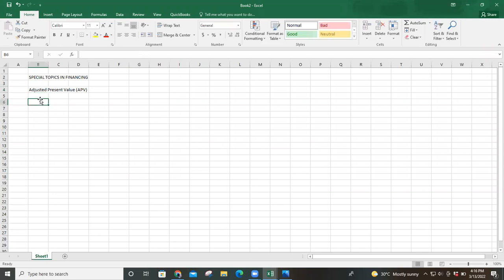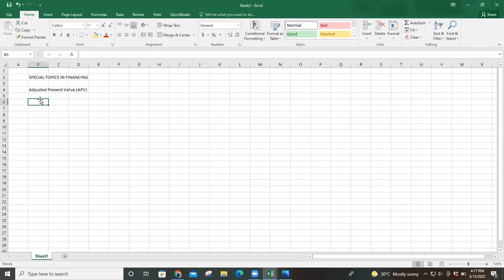Now, adjusted present value is just like the normal NPV. The difference between APV and NPV is that APV considers both the financing and investment aspects of the project, while NPV only considers the investment aspect.